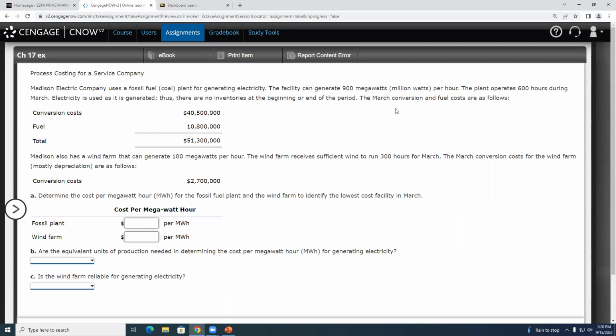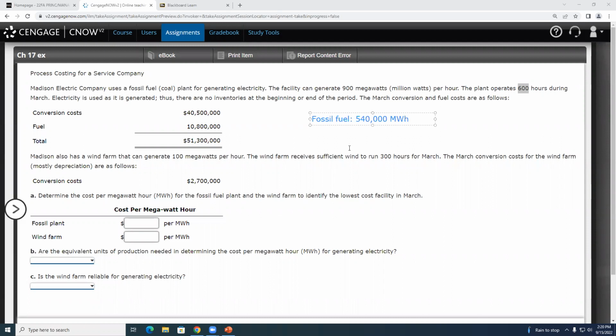So the fossil fuel plant generates 900 megawatts per hour and operates for 600 hours. So its total megawatts. Okay, so for fossil fuel, the total megawatts would be 900 megawatts per hour times 600 hours, or 540,000. How do they abbreviate that?